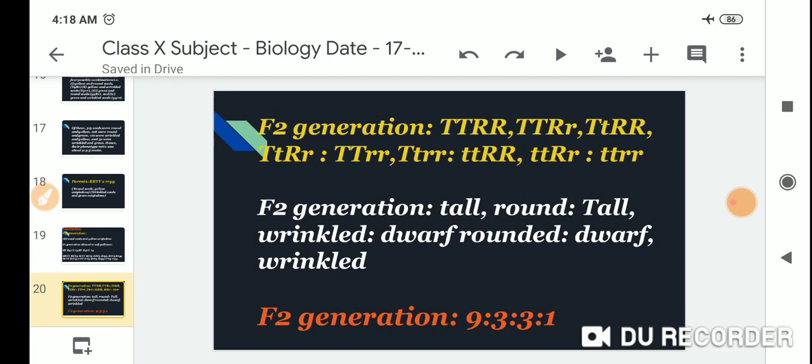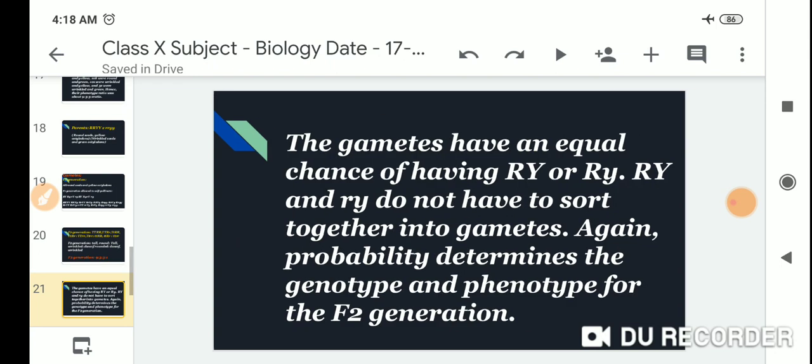F2 generation ratio 9:3:3:1. The gametes have an equal chance of having capital R capital Y, or capital R small y, and capital R capital Y and small r small y; they do not have to sort together into gametes.